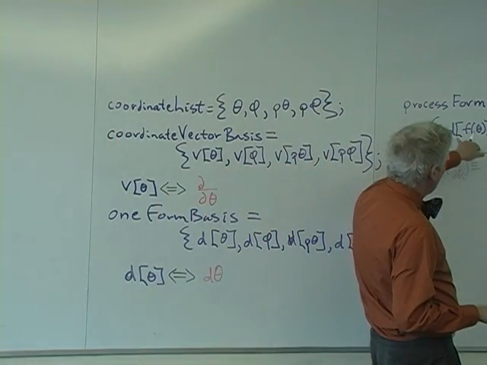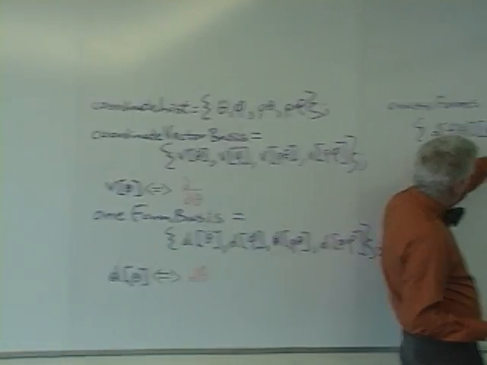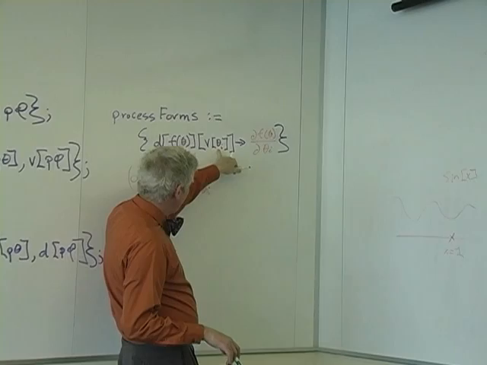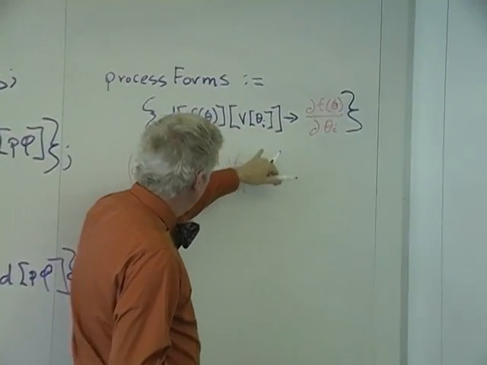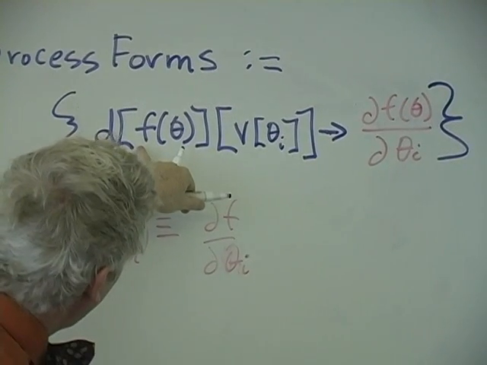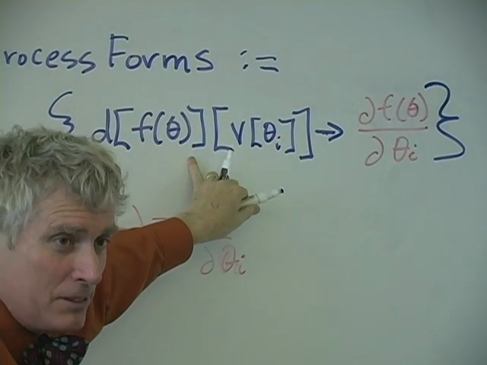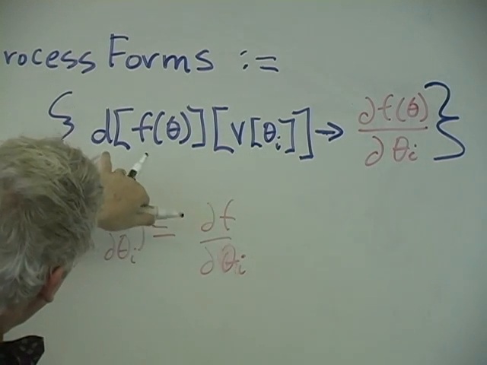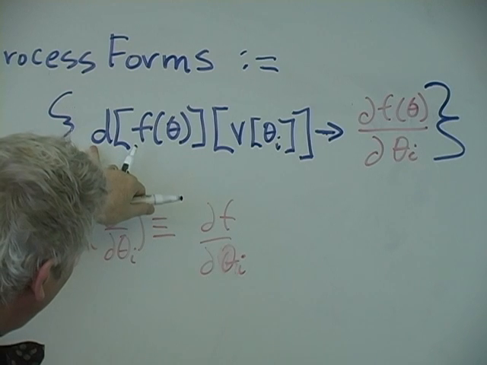Eventually, we're going to show Mathematica expressions like this. There'll be a coordinate symbol here. It'll be wrapped in a V to associate it with a vector. There will be a function here constructed out of coordinate symbols, and it will be wrapped in a D to indicate that it's a one form.